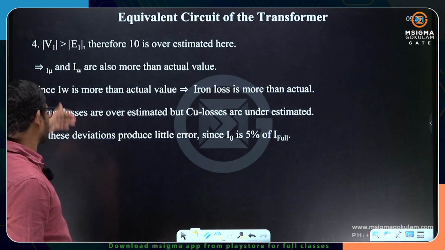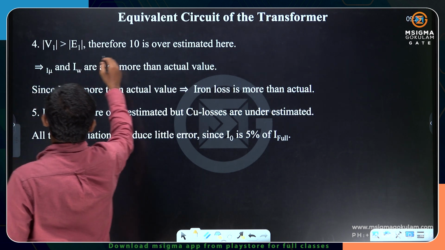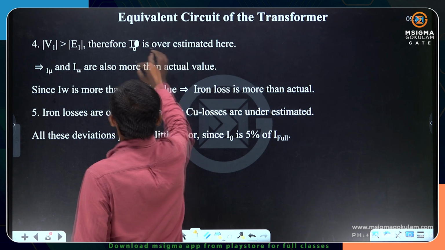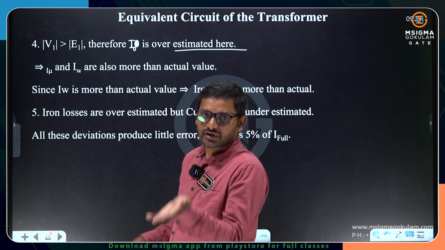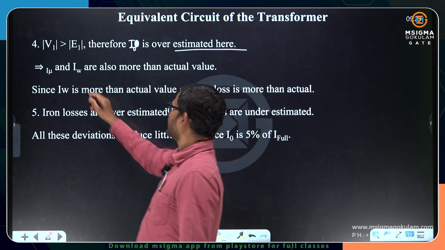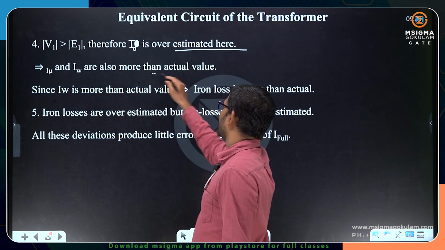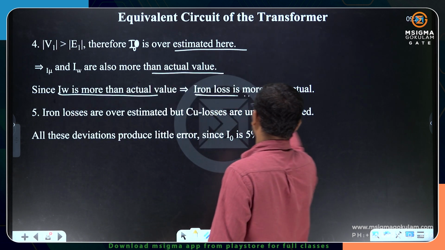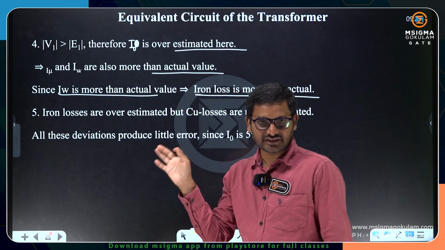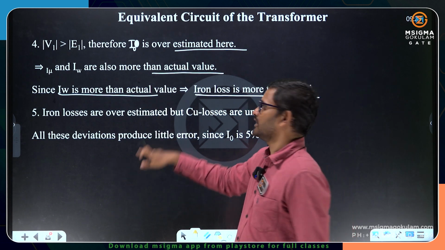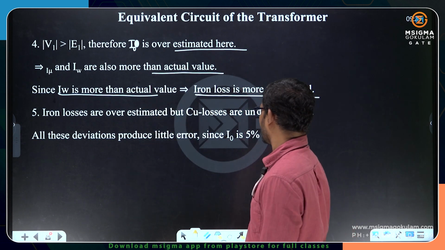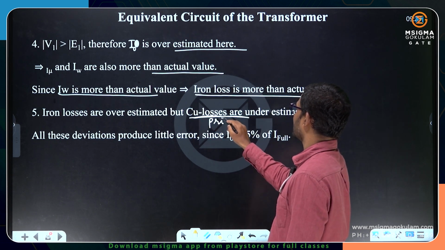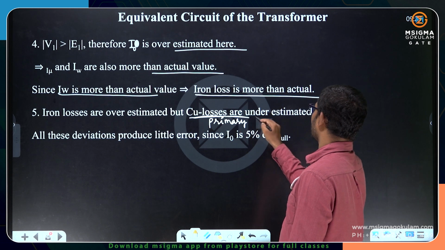Now the points related to that: V1 is greater than E1, therefore I naught is overestimated here, a little more. Therefore I mu and I w are also more than the actual value, and hence since I w is more than the actual value, iron loss is more. We have seen that because of shifting the no load branch parameter onto the source side, iron loss is more, and copper losses in the primary are less than the actual value, underestimated.